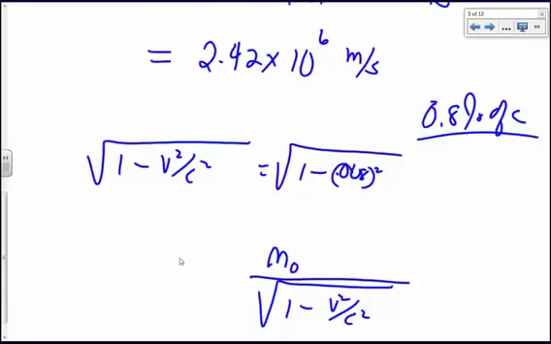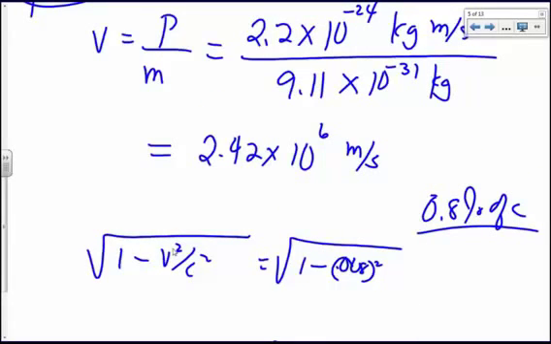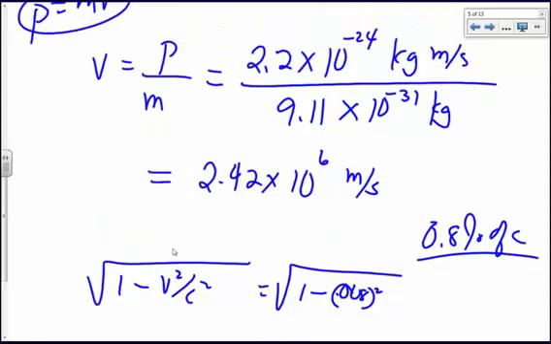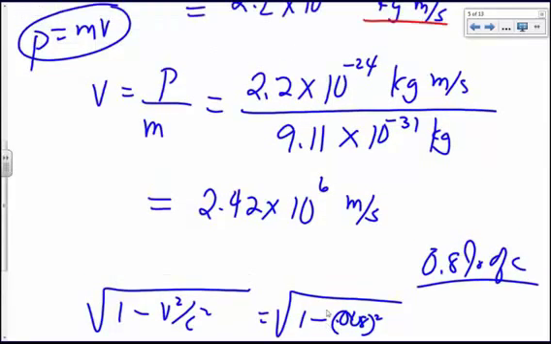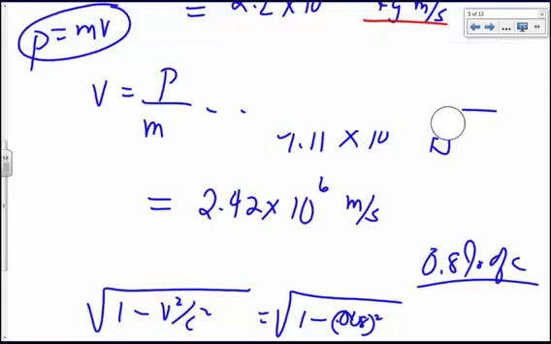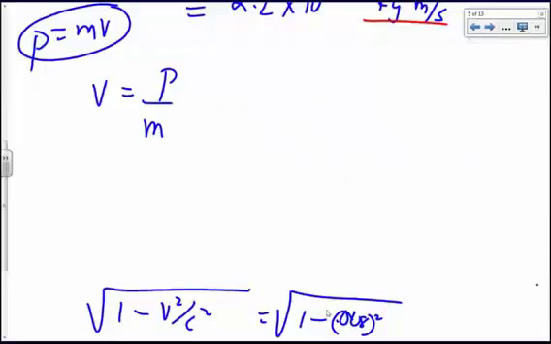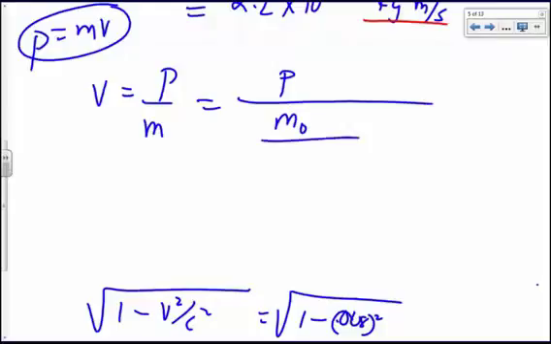And then you're going to have a more complicated equation. Let's do this with the relativistic correction. You know your p, right? So you're going to say this is going to be equal to p, and this is m naught over the square root of 1 minus v squared over c squared. So that's equal to v, right?